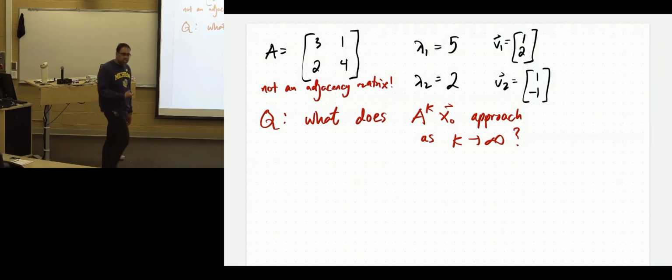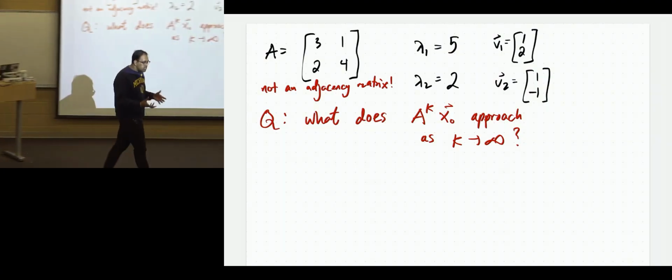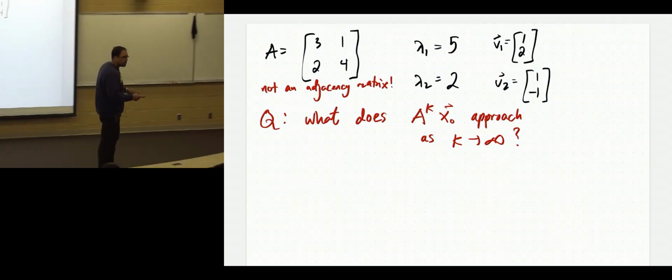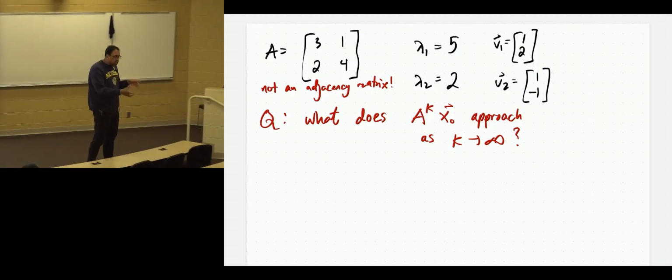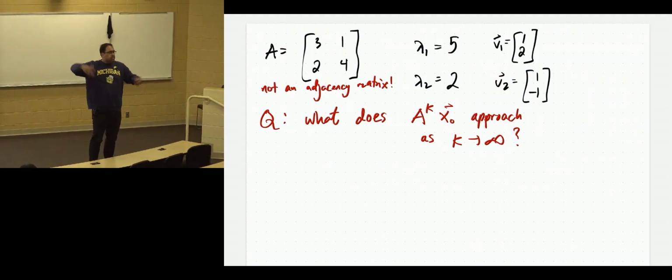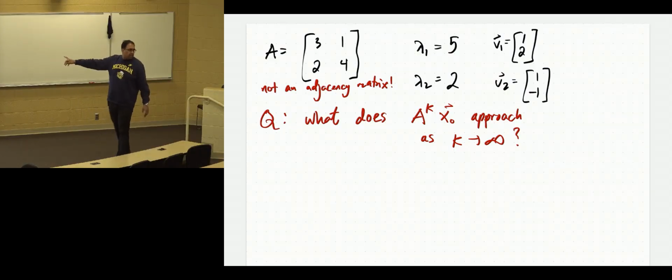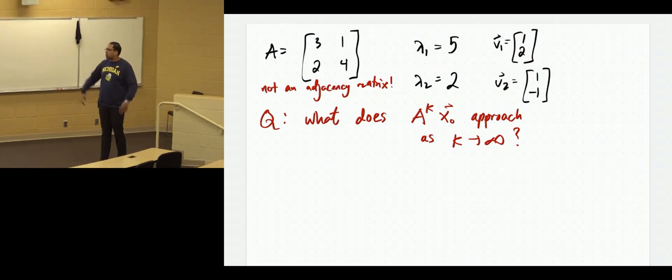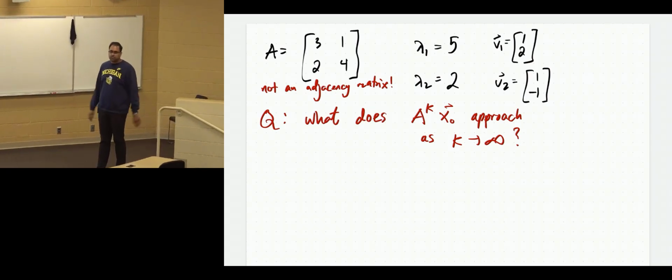In the adjacency matrix case, as long as we started with a vector whose numbers added up to 1 and weren't negative, the numbers in the state vectors, x1, x2, x3, x4, didn't explode. They stayed small decimals. That's not going to happen here. If you start with any state vector, the numbers are going to explode.